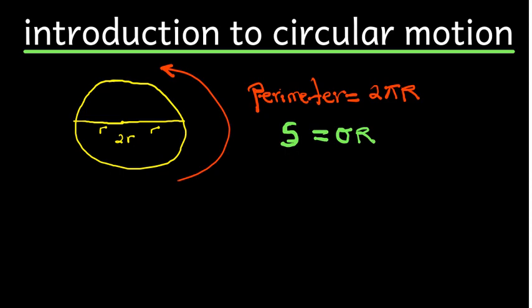So the s is giving us what we call displacement under circular motion. Given the linear displacement, we can find out the value of theta. We can also find out the value of the radius.